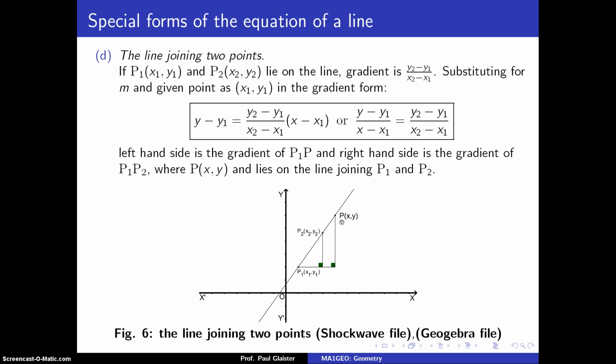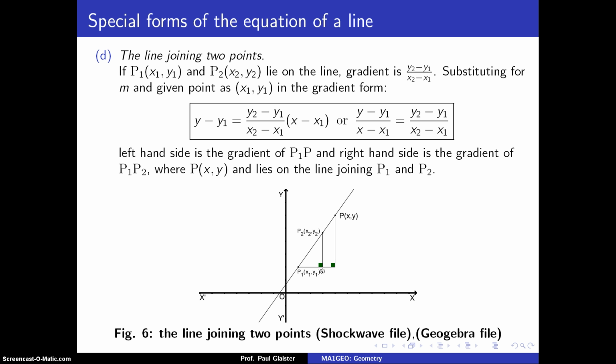the gradient determined by the ratio of the opposite side to the adjacent side in any right angle triangle, but in particular the right angle triangle formed by the points P1, P2 that are fixed and the perpendicular.